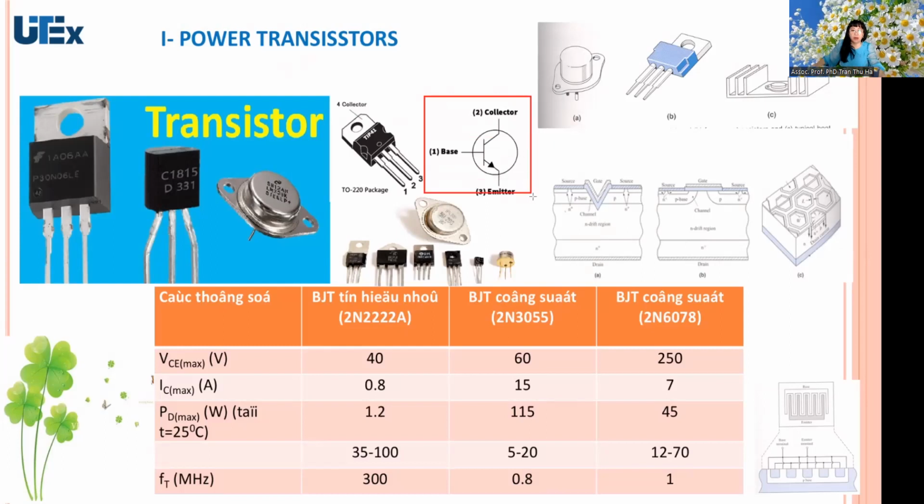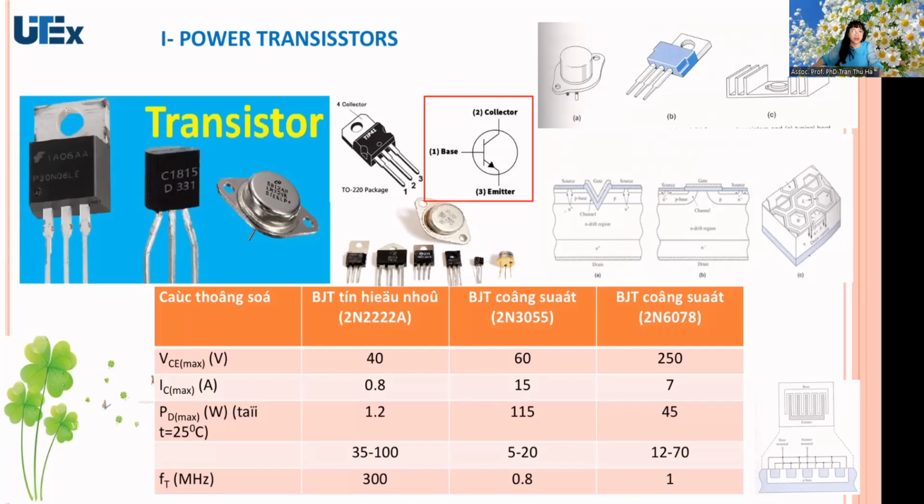The symbol of the power transistor has a circle. Having the circle means they have a larger, great amount of energy in the output. You have a difference between the normal transistor and the power transistor.